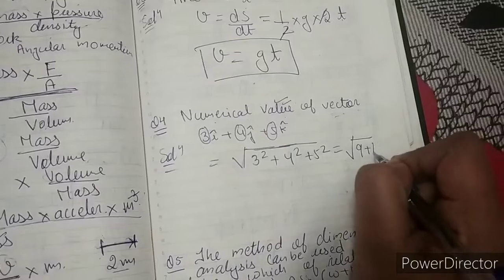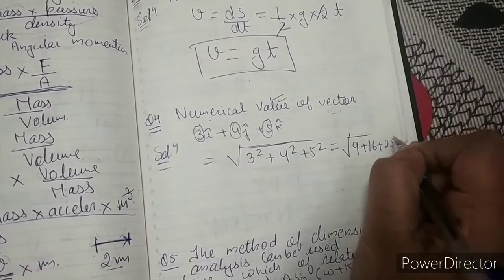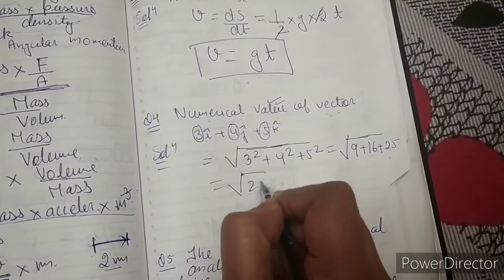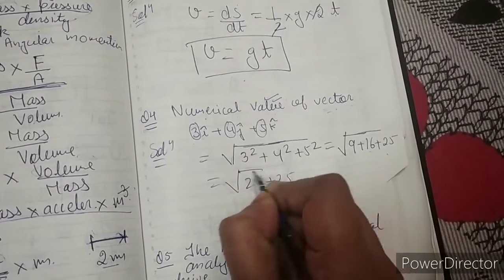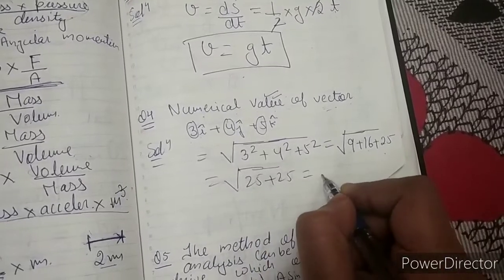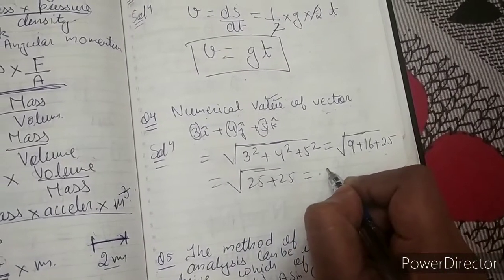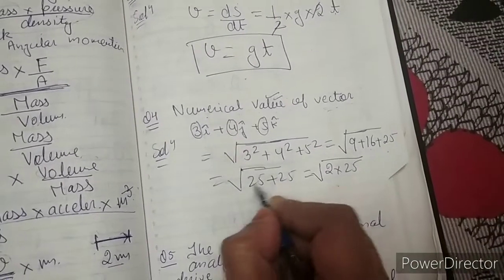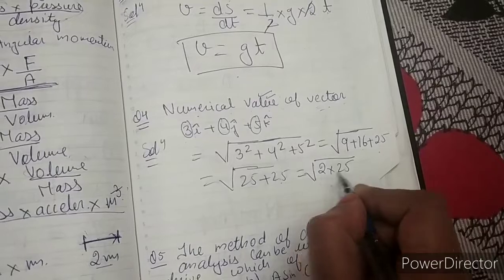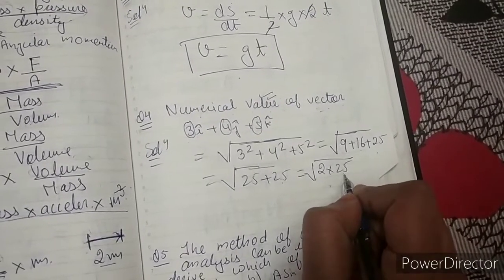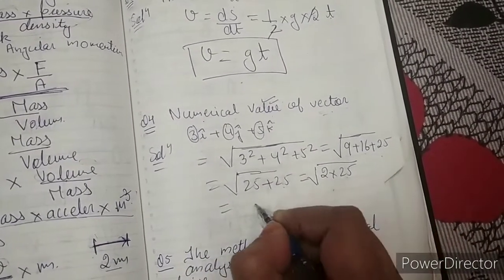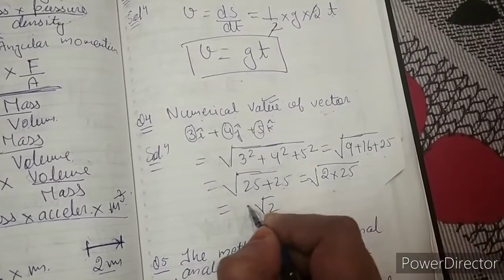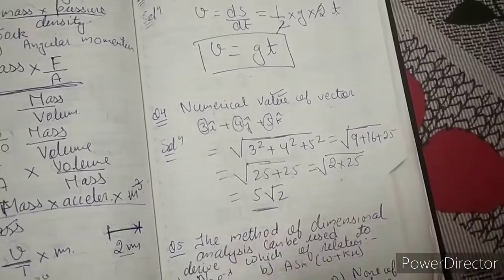This is 9 plus 16 plus 25, that is equal to root of 25 plus 25, which gives 50, and 50 can be written as 2 into 25. What is the benefit of this? I can take out the root of 25, which is 5. So the answer is 5 root 2.